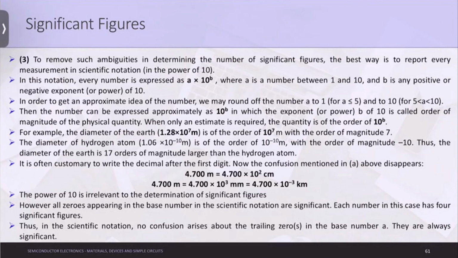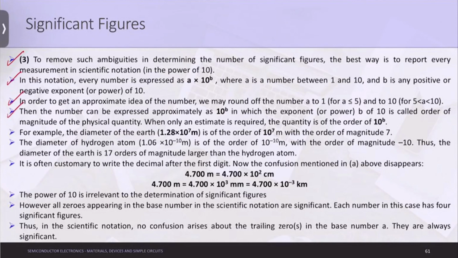We just look at the value of the power, 10 to the power something. What is that order? From that we can understand the range in which we are working. So that thing has also been explained.